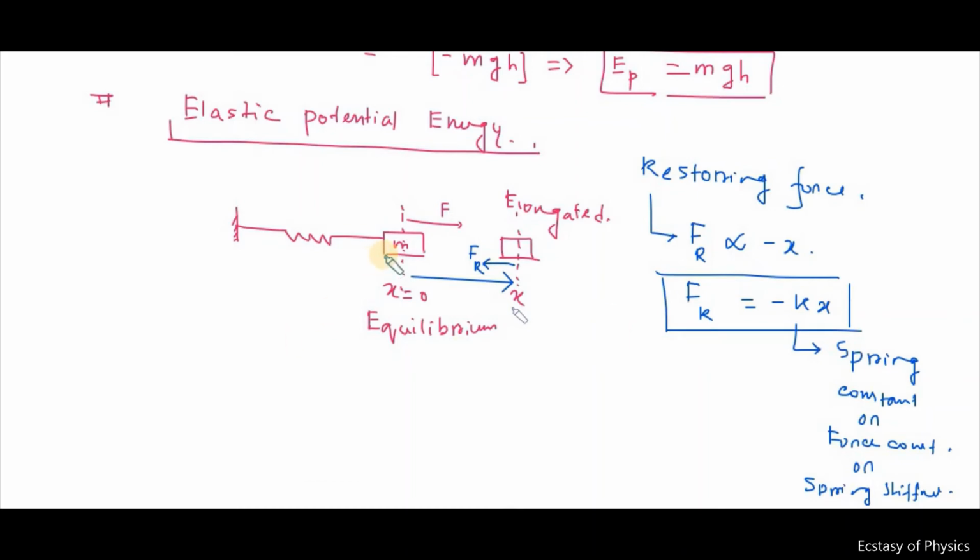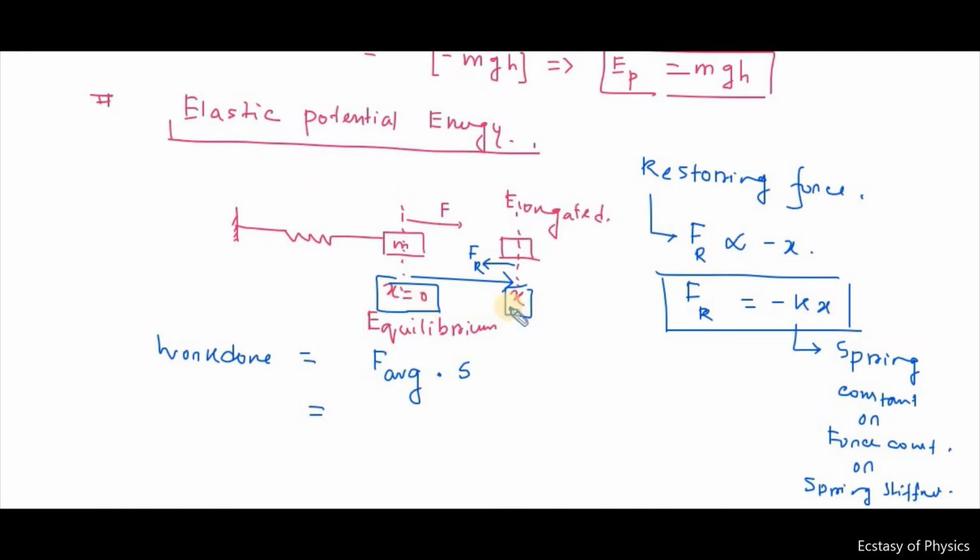Now we want to find out the amount of energy stored in the spring, that is, the amount of work done on the spring due to the restoring force, and how much potential energy is going to be stored. So let's find that amount of work done. The work done is the average force times the displacement. When the displacement is 0, the restoring force is 0. When the displacement is x, the restoring force is Fr, equal to negative kx.